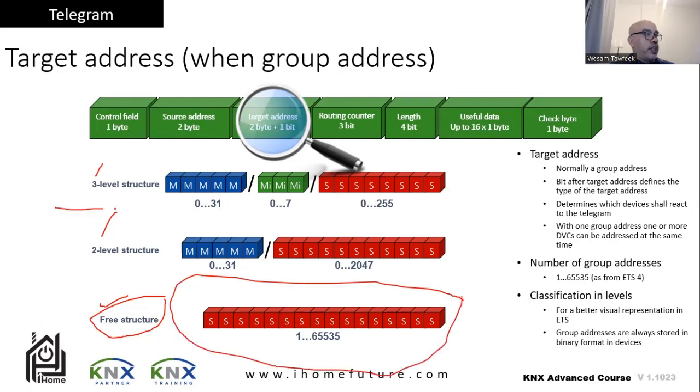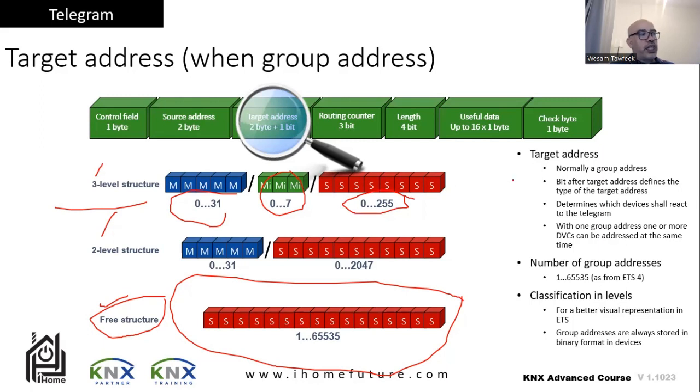In the three-level structure, the first level is for the floor, the second level or middle group is the function I need to describe, like heating, ventilation, lighting. And the third level, the group address itself, describes the function that group address is doing.